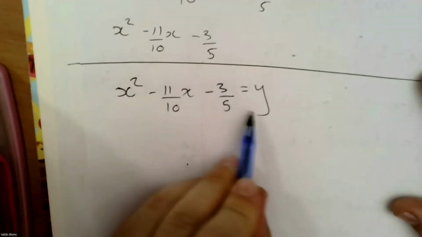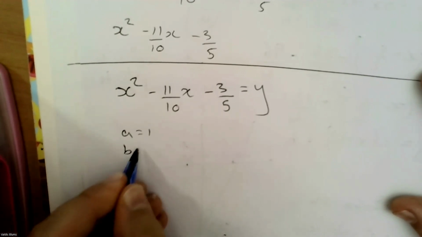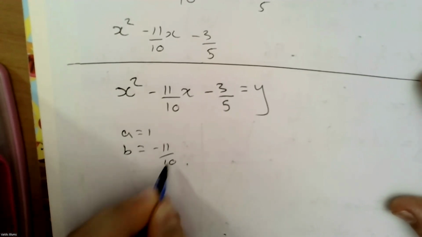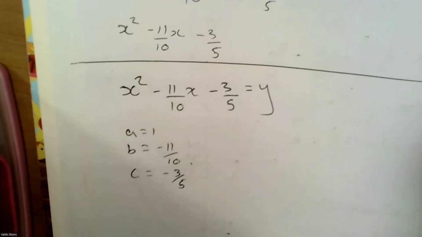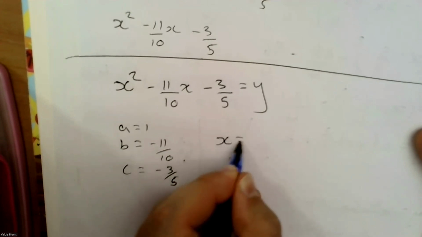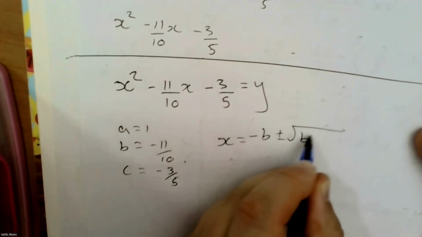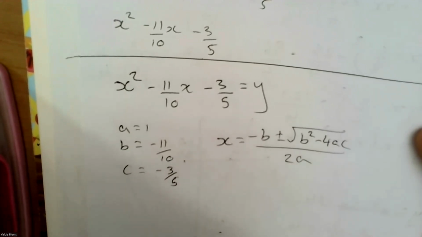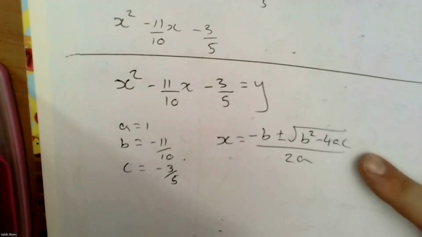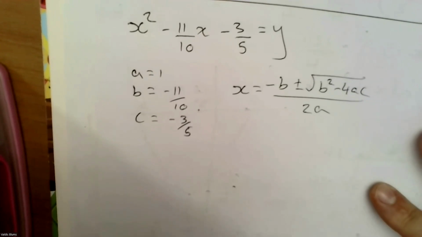Okay, going back to the equation. Now our a value is 1, our b value is -11 on 10, and our c value is -3 on 5. And we want to plug those values into our quadratic formula to find those x-intercepts.